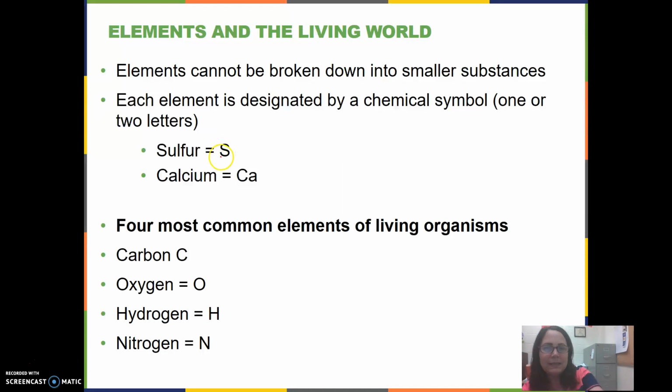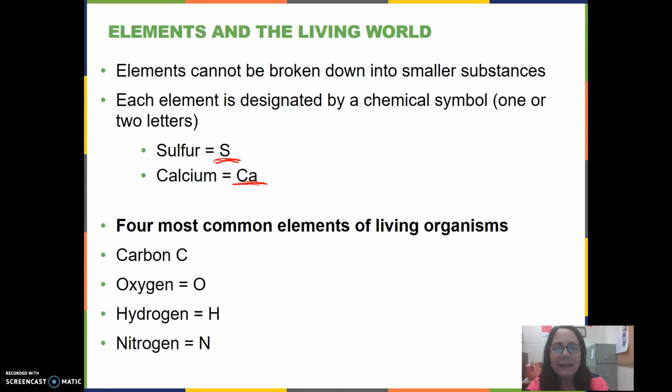Sulfur has the chemical symbol S. In biology, we're going to find sulfur in proteins. Proteins contain a lot of sulfur. And calcium has the symbol Ca. The first letter is always capitalized, but if it's got two letters in it, the second letter is lowercase.